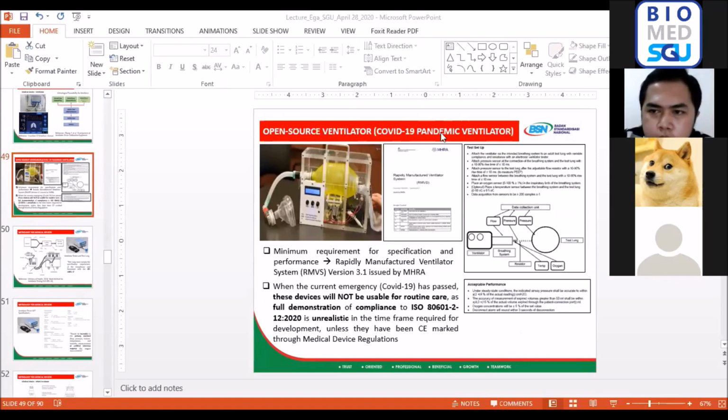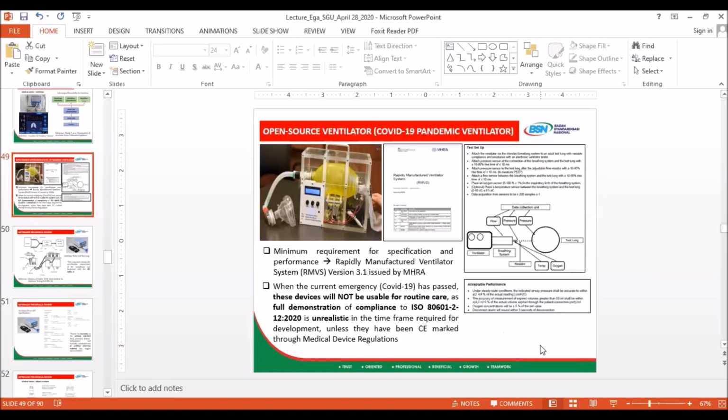Okay, thank you, Mr. Dedi. Ms. Dita Mayasari, I will answer your question regarding the process. I look at the example of the open source ventilator. This is the example that our nation built our own ventilator for the COVID-19 pandemic handling in our country.